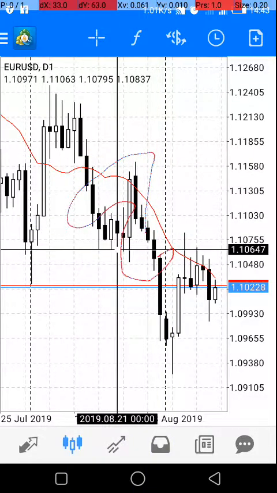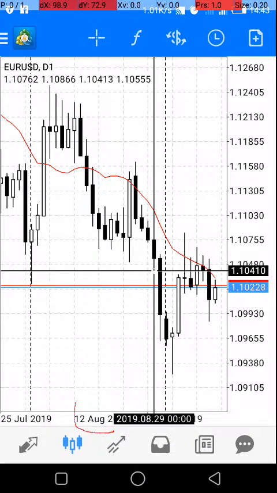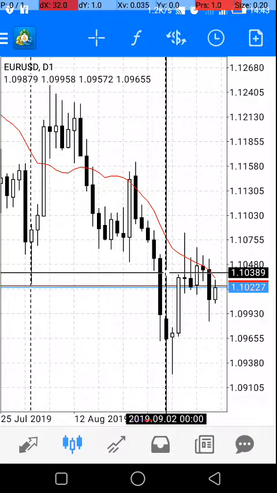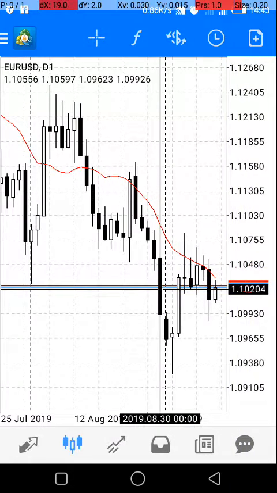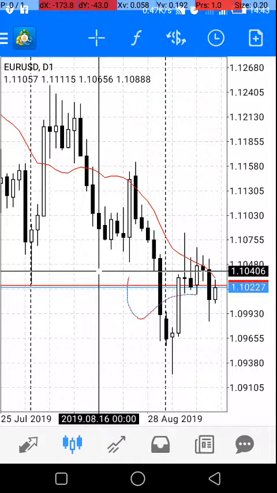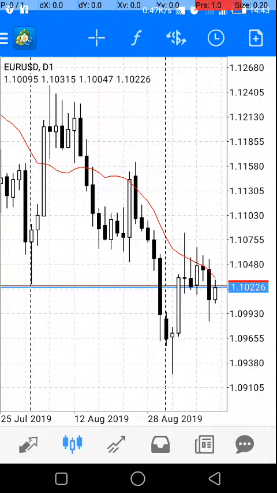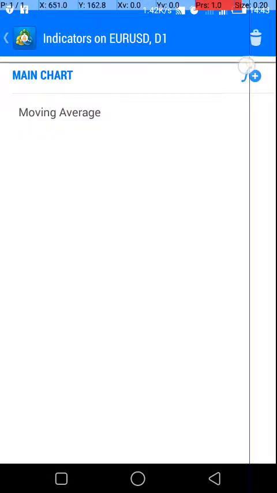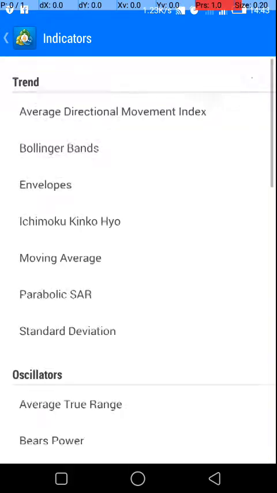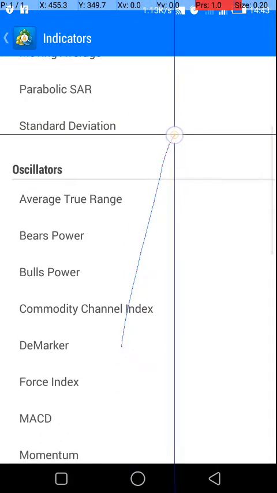From the bottom, we can see this one is the date, and this one is the market price where you point your crosshair. Next to it we have the function f. This is where all your indicators are located. So you can tap this one, and you can input any indicator you want.